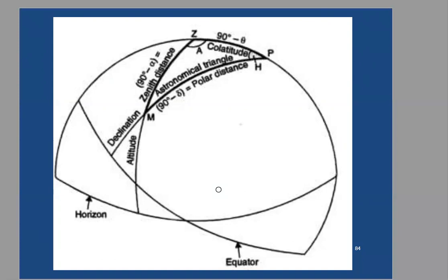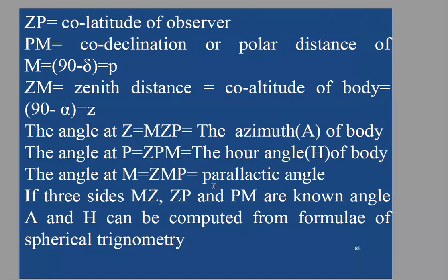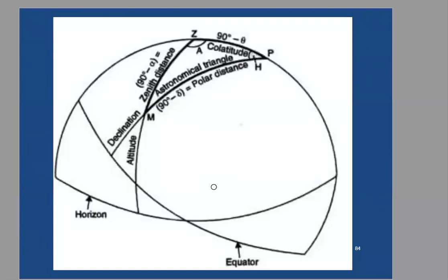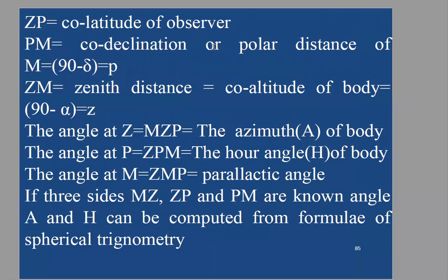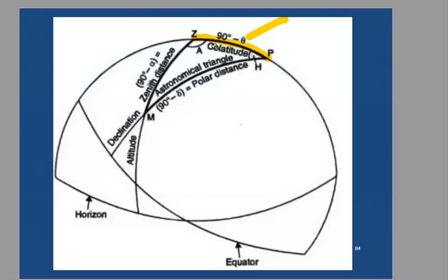Now ZP is equal to the co-latitude of the observer. As we have assumed latitude to be theta, the co-latitude will be 90 minus theta. We have studied this relation. And PM is the co-declination.